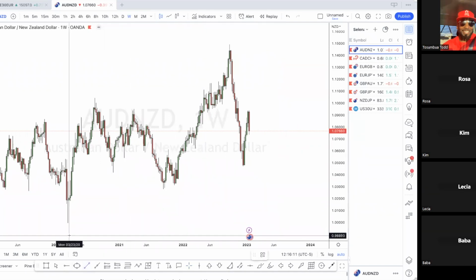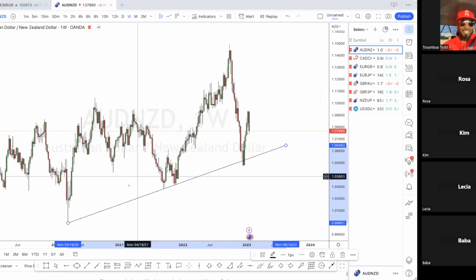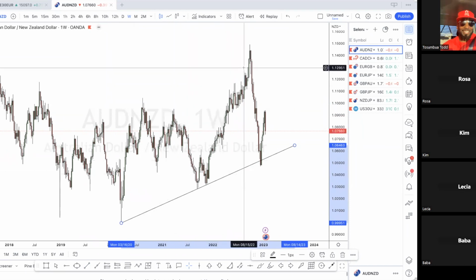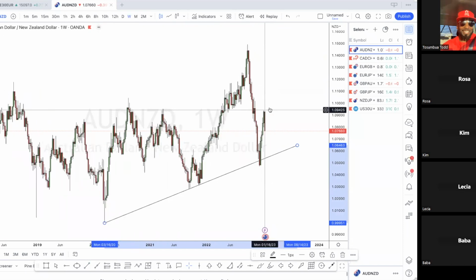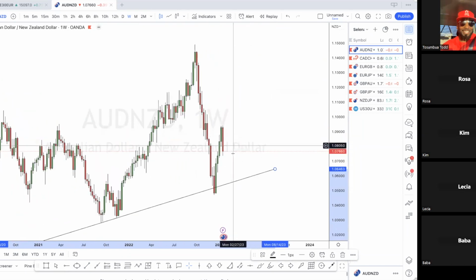Based off of what I'm looking at, it appears to be creating higher lows and a higher high. So this could possibly be a pullback to either this imbalance here or to this order block here.